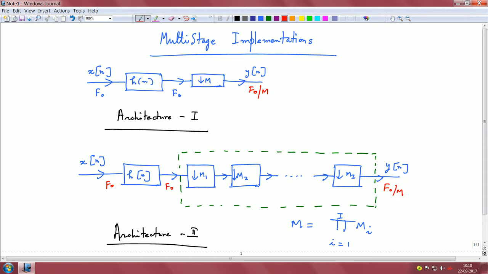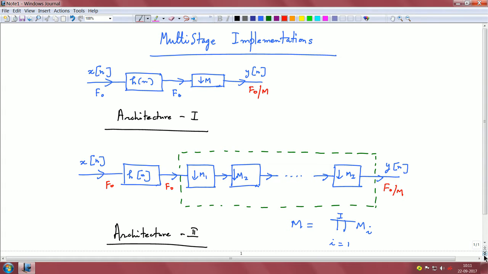Now you might think about a third architecture, which is I have some filter followed by downsampler, I cascade it with another filter followed by downsampler, and so on and so forth. Filtering is doing some kind of operation where I basically filter out certain frequencies, but the net downsampling rate at the output is somehow to be preserved at capital M, that is desired per architecture 1.